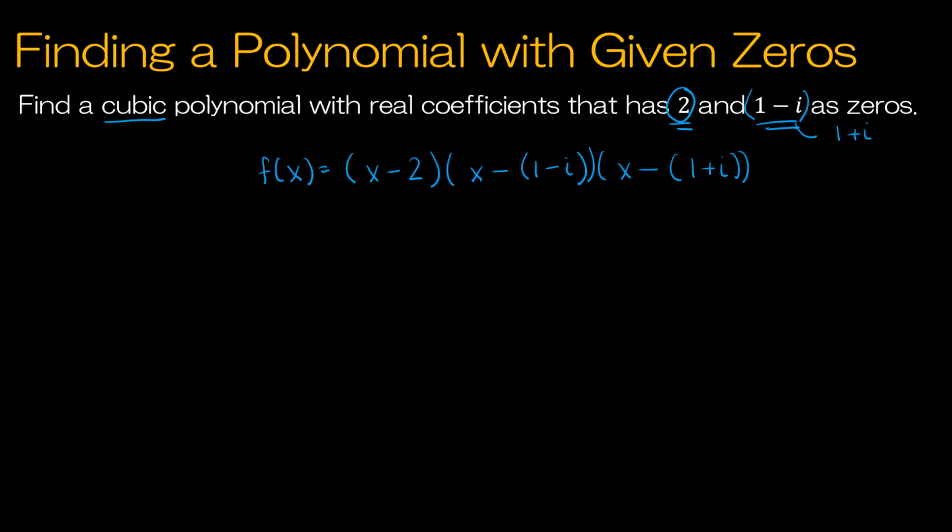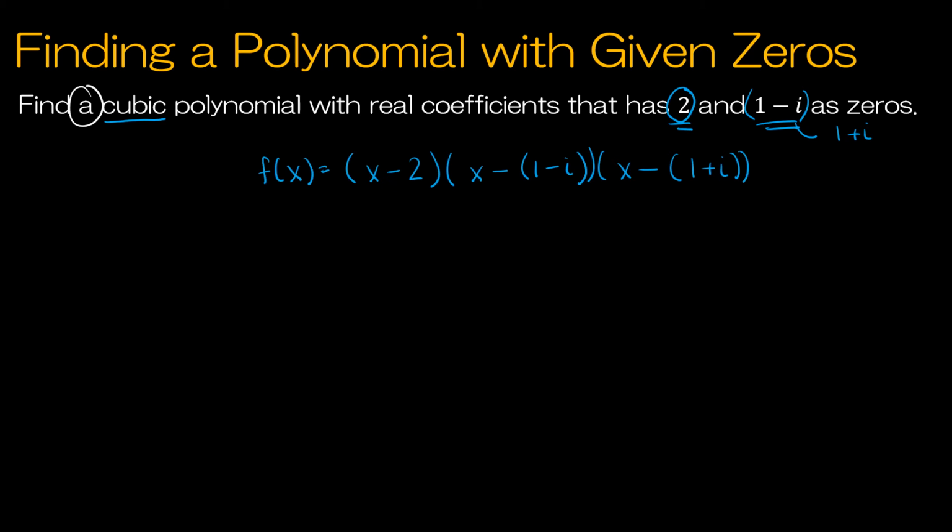Now, it looks a little ugly and messy, but just wait, it's going to get worse. So what we're going to do now is we're going to multiply this out. Now, keep in mind, there is in fact an a here. But because it says find a cubic polynomial, we don't have to find one that specifically fits a certain input-output. We're just going to let a be 1.